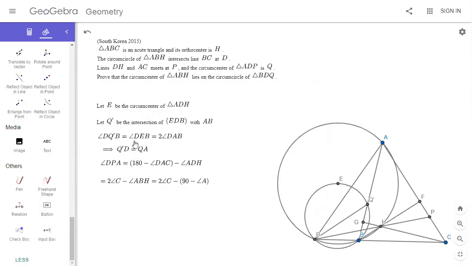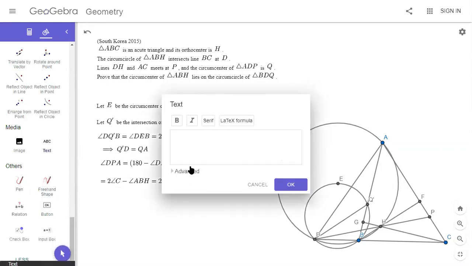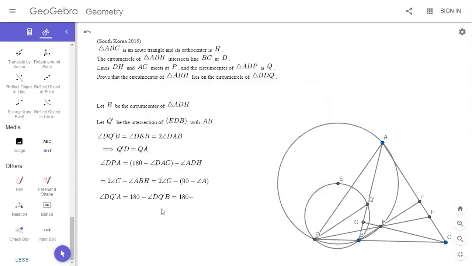But we already found DQ prime B up here. So DQ prime A is 180 minus that. So that's 180 minus twice angle DAB.